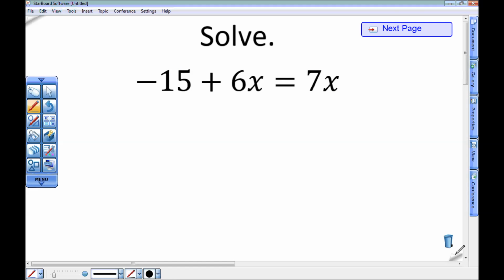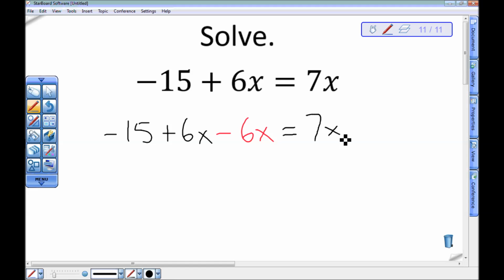Here I have negative 15 plus 6x equals 7x. Again, if this was just x equaled something, I'd be able to see right away what my solution was. So I can get there by simply subtracting 6x from both sides.